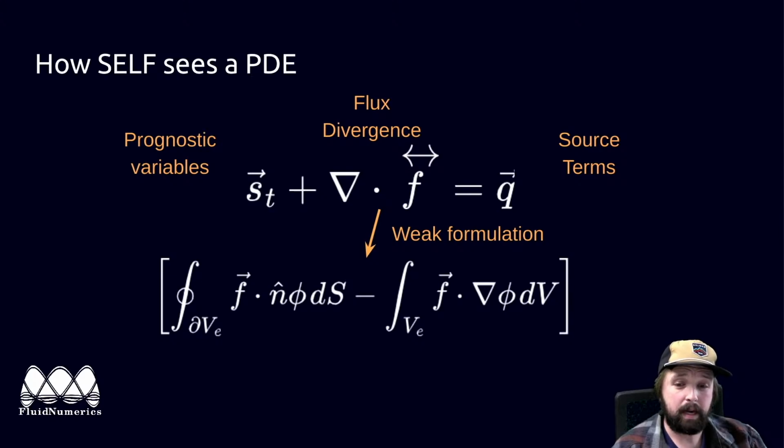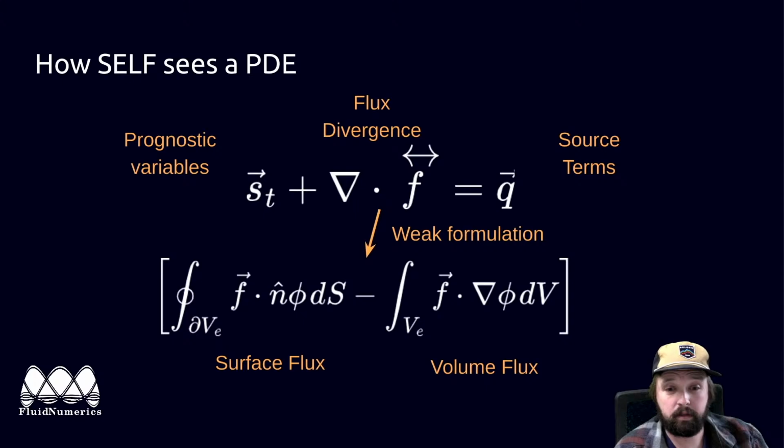We weight that conservation law by some test functions and then integrate over the elements in the mesh. On the flux divergence term, we do integration by parts once, so we separate out the flux into the surface flux, where the Riemann solver is specified, and then the volume flux terms.